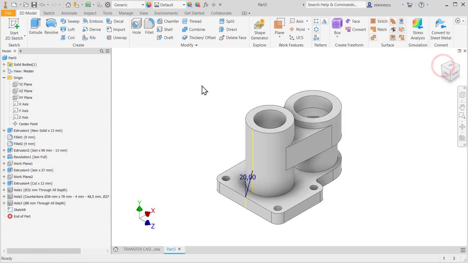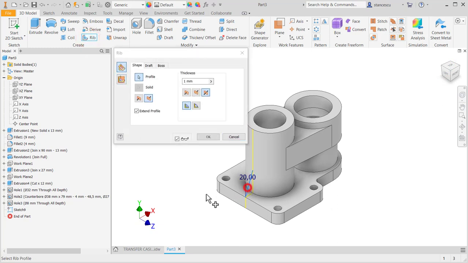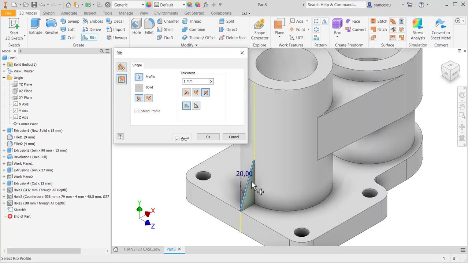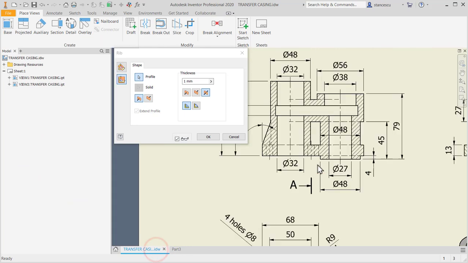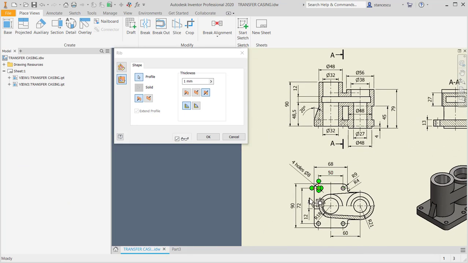let's take a look from here. Rib, we select this, we select the options, symmetrical, this is, and the thickness is 12.